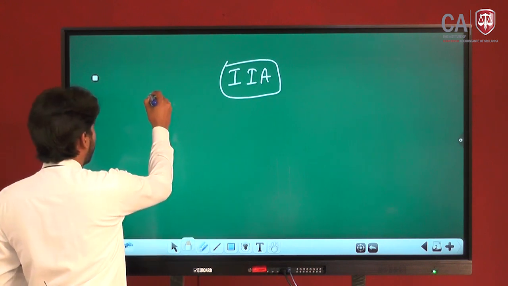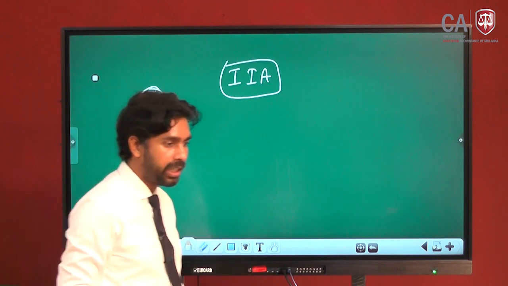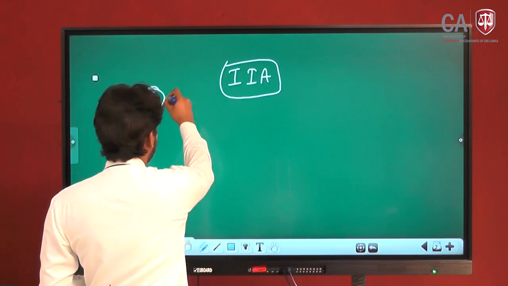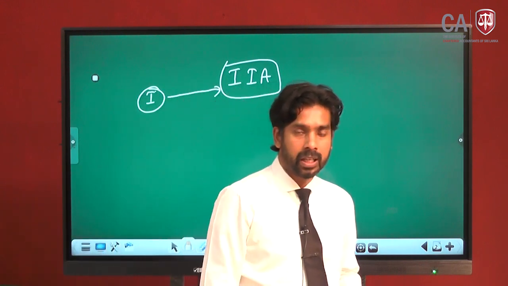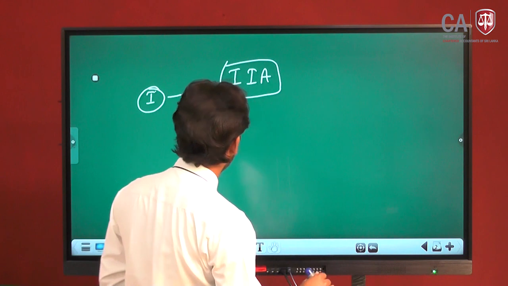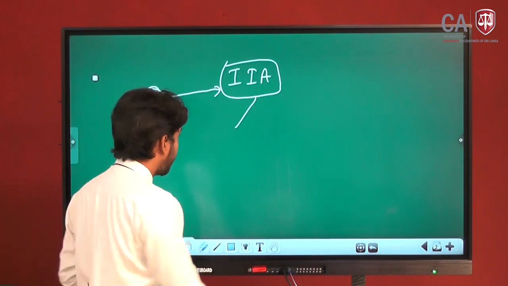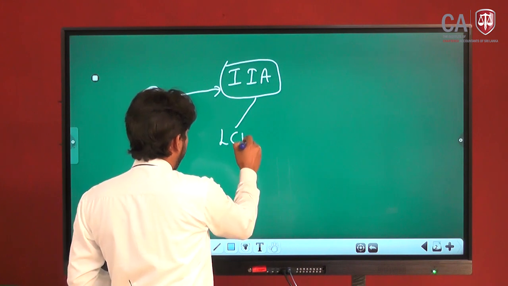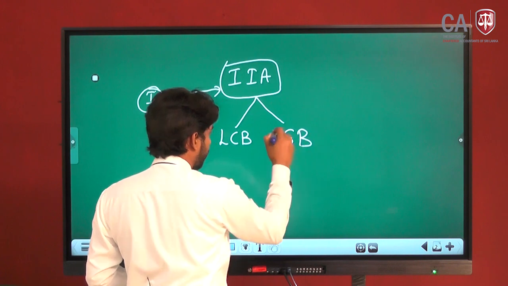So this particular Indian gentleman who intends to invest in Sri Lanka should bring his investment through the inward investment account. This inward investment account can be opened up in a licensed commercial bank or else a licensed specialised bank.